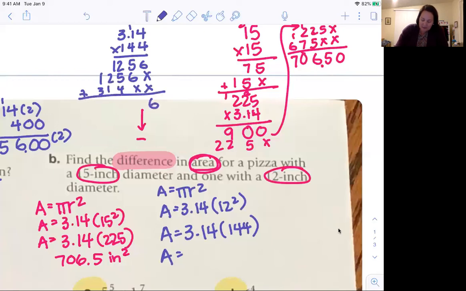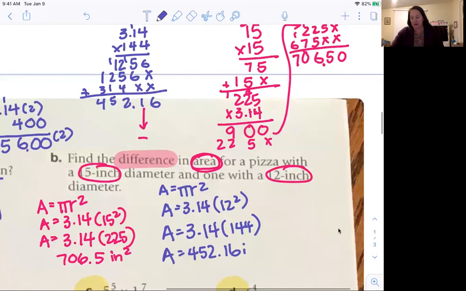Let's see, 6, 1, 9, 10, 2, 1, 5, 4, 452.16. Let's see, area equals 452.16. Okay, now we're almost done.